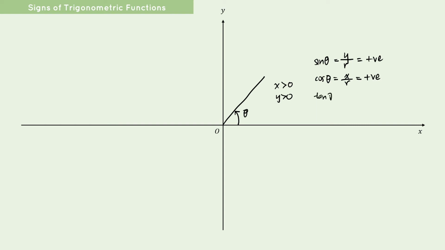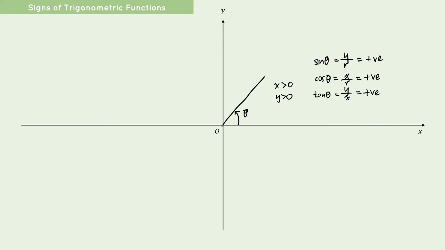Likewise, tangent theta, which is y over x. You're taking a positive number divided by another positive number, so it's positive. So in the first quadrant, all three trigonometric ratios are positive.